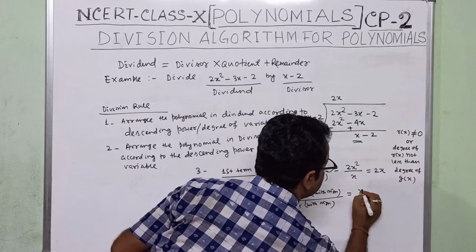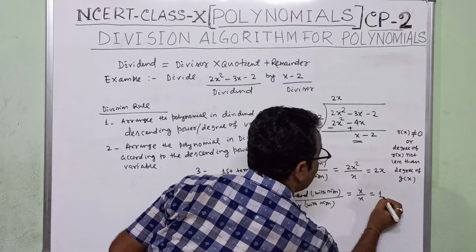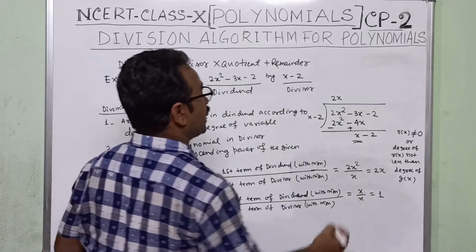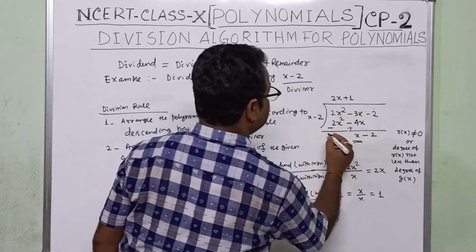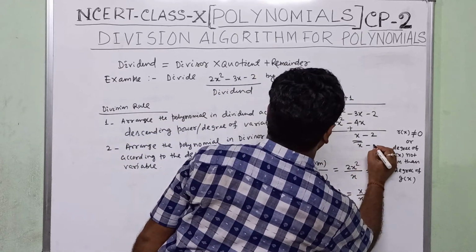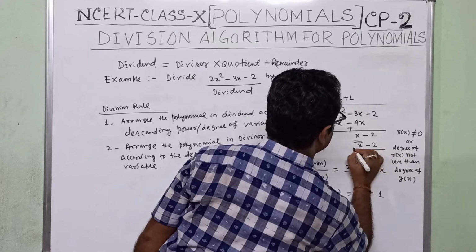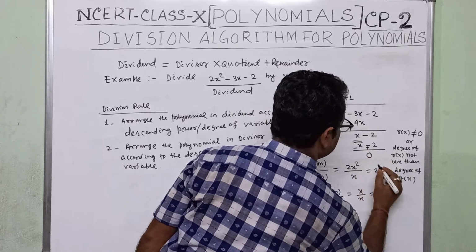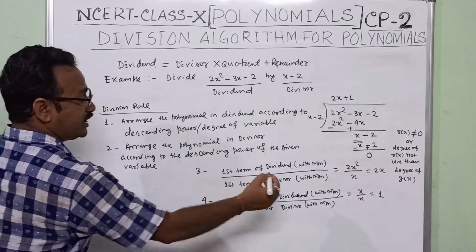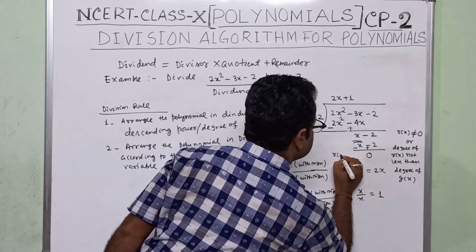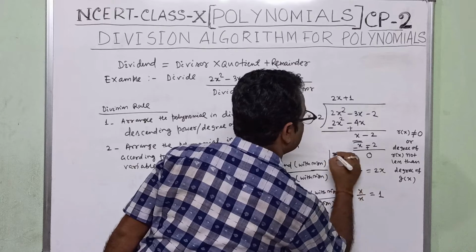So x by x is equal to 1, so plus 1. Now multiply both the terms by x minus 2. So this is minus plus, coming 0. So now finally we are getting R(x) is equal to 0.